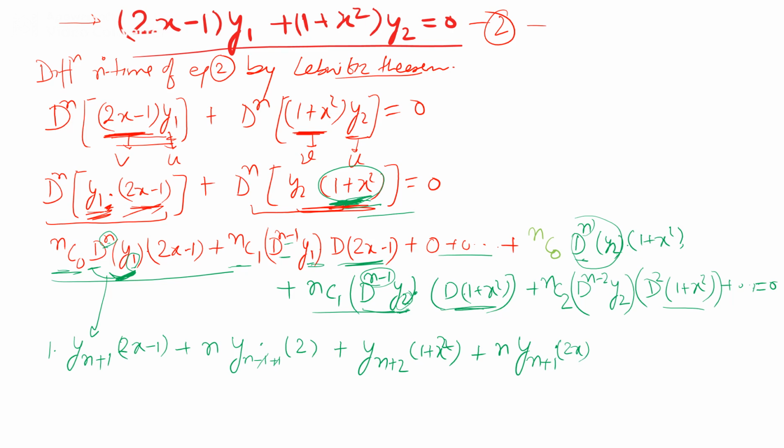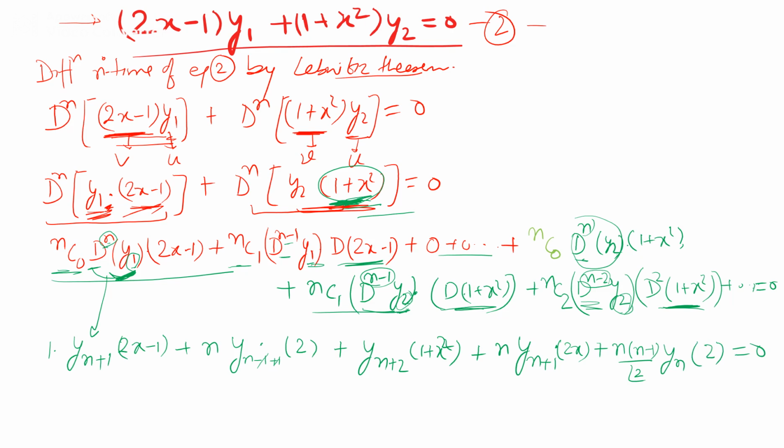Now in the second term, nC2 is n(n minus 1) upon factorial 2, and the (n minus 2)th derivative of y2 gives yn, and the second derivative of 1 plus x square becomes 2.